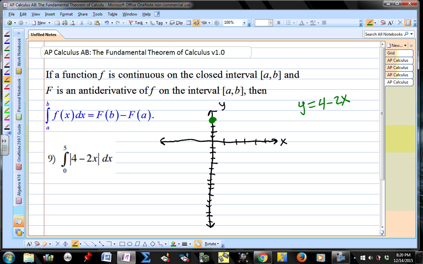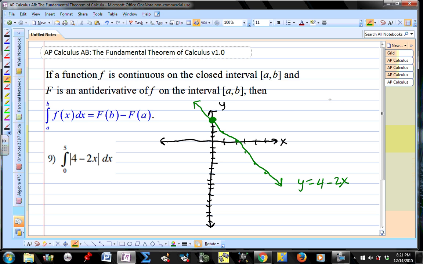Up here, the slope is -2, which means you come down 2 over 1, down 2 over 1, down 2 over 1, down 2 over 1, down 2 and over 1. We get a graph like this. It's supposed to be a straight line. Use your imagination. This is the graph of y equals 4 minus 2x.